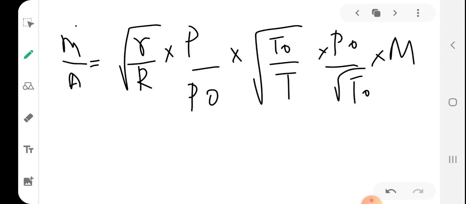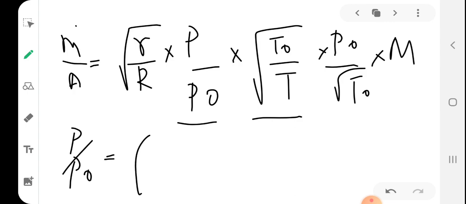So this is the equation. Now you can substitute for P by P0 and root of T by T0, because these are stagnation values. We have already derived the equations for P by P0 and T by T0, so substitute those values. What will be P by P0? P by P0 is nothing but (1 + (gamma minus 1) by 2 M squared) raised to the power of minus gamma by gamma minus 1.